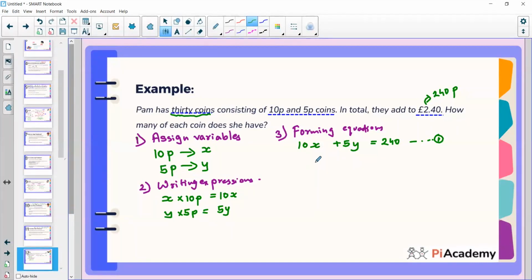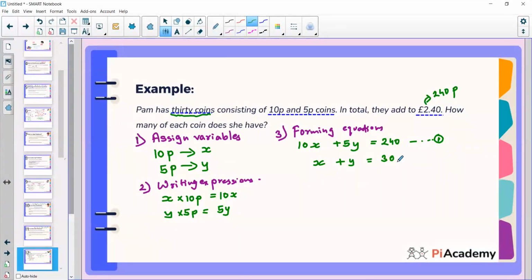They total add up to 30. So x plus y is 30, right? Okay, that's it. I processed the information and wrote it down in terms of equations. And now I just need to solve these equations.